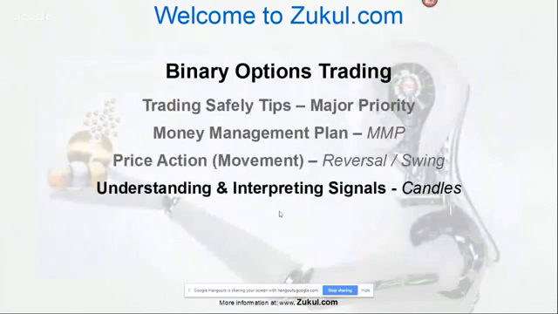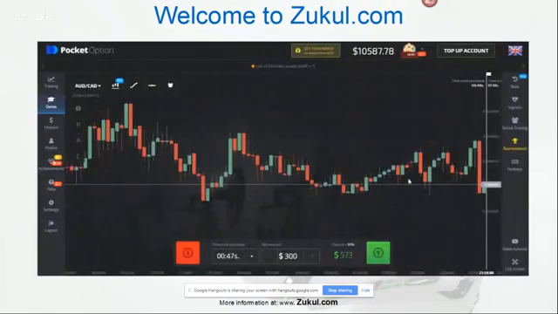Understanding and interpreting signals, and again we're going to look at candles. You've just seen a very squiggly line. This is the same chart, the Australian dollar and Canadian dollar, but now using candles. You'll notice we've got a green candle and a red candle, and then we've got what we call wicks or tails, which go up and down the candles. What does it mean?